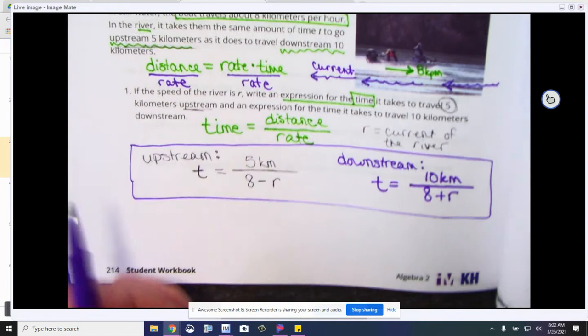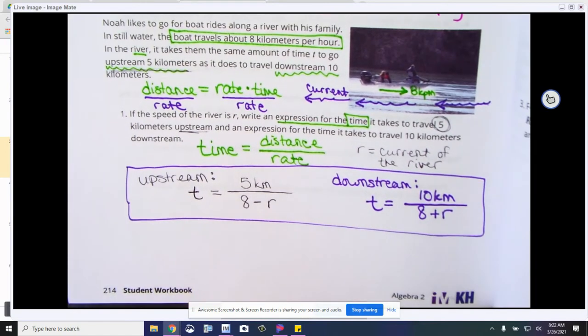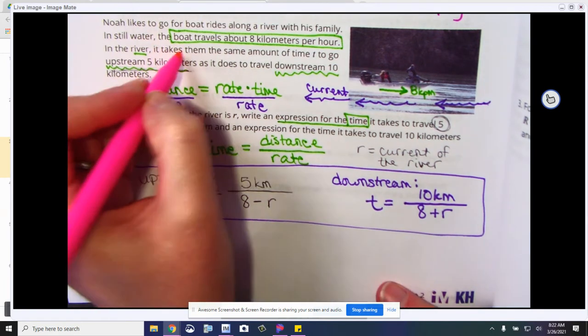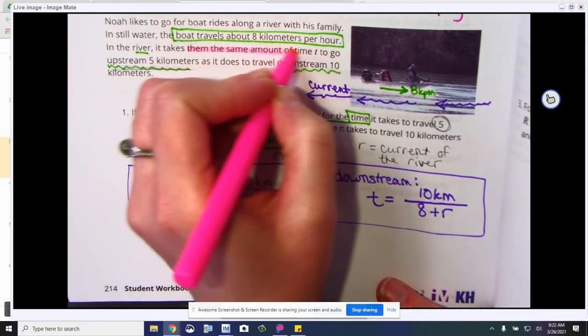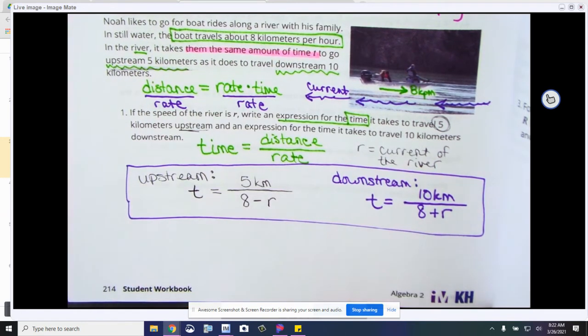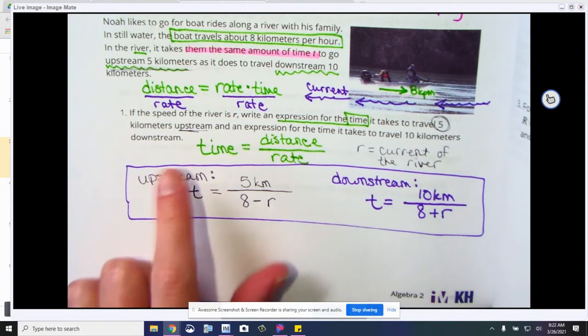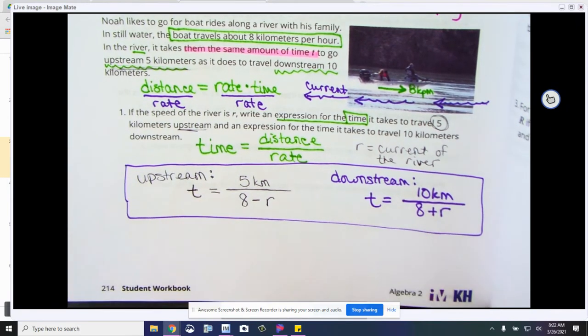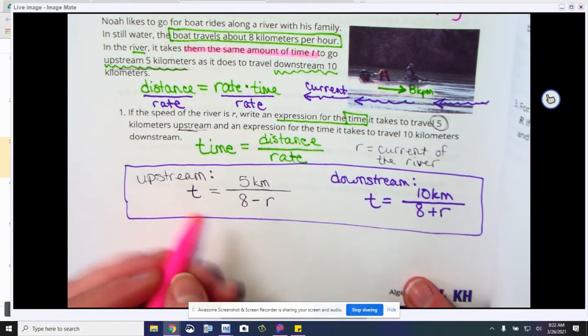So a key part of our problem sets us up for success with this. That key part is that it takes them the same amount of time. So these 2 t values have to be equal to each other.